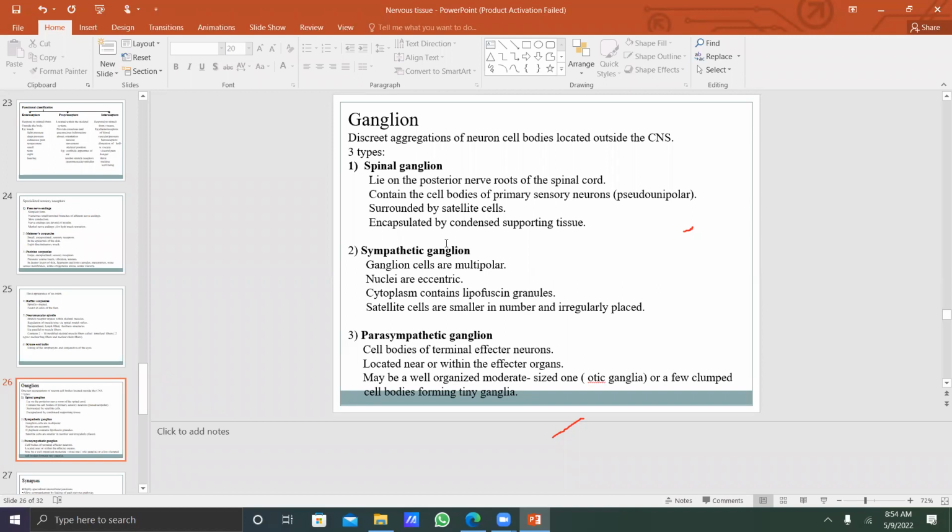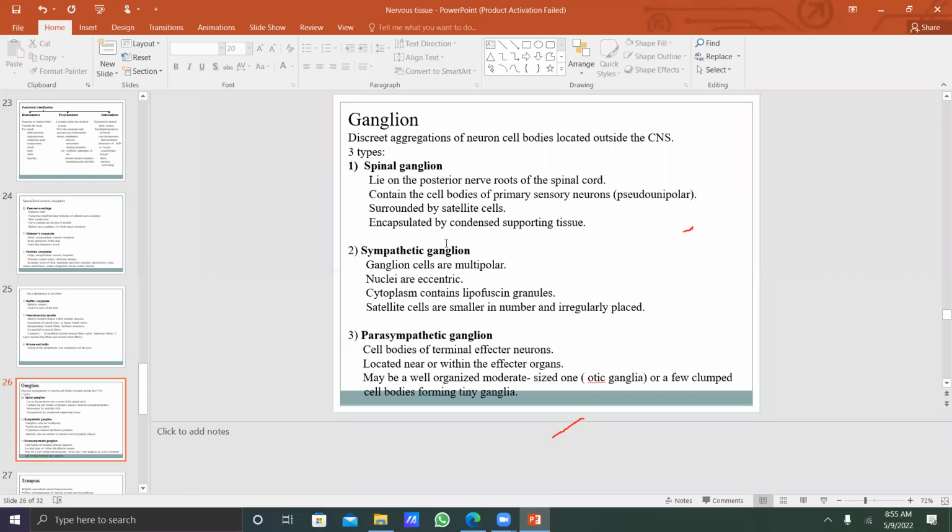We can see 3 types of ganglions: the spinal ganglions, sympathetic ganglions, and the parasympathetic ganglions. The spinal ganglions lie on the posterior nerve roots of the spinal cord, and contain the cell bodies of the primary sensory neurons. They are encapsulated by condensed supporting tissue.